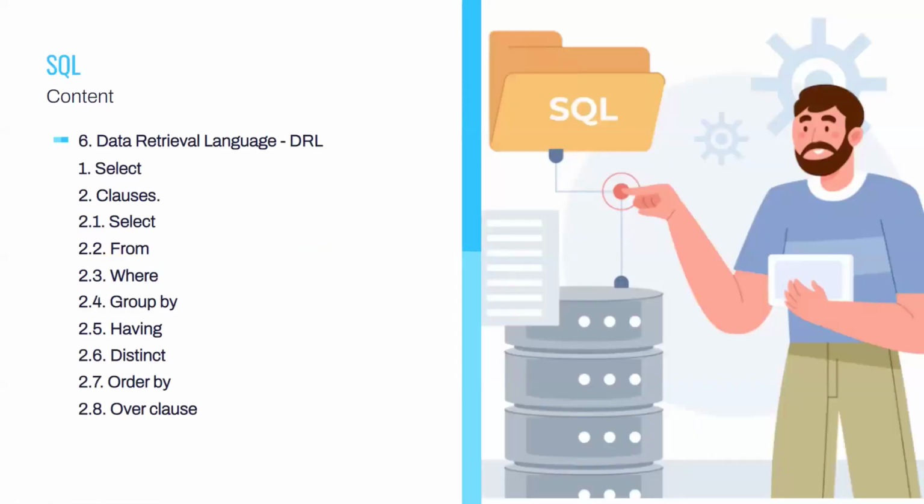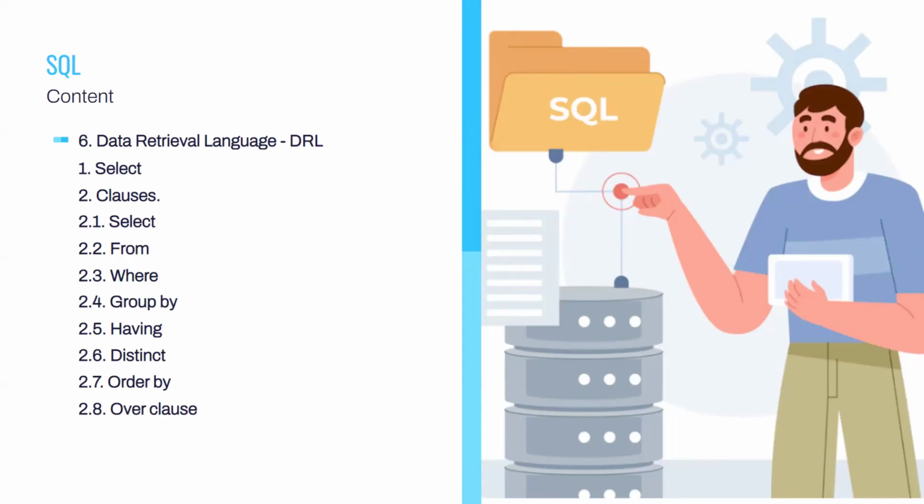Once you have the table object and you have loaded the data into it, how do you want to view the data? This is a very, very important thing as a data engineer: how you are going to select or view the data from the table.